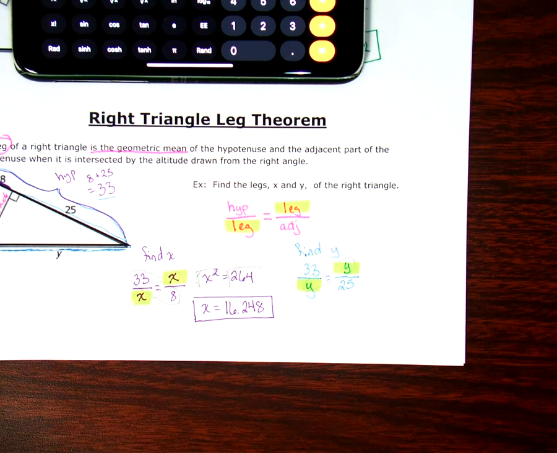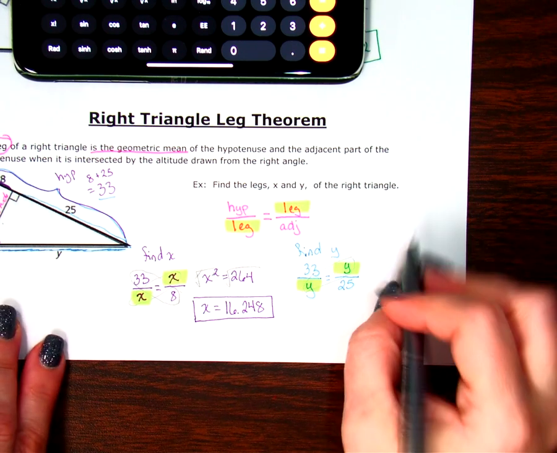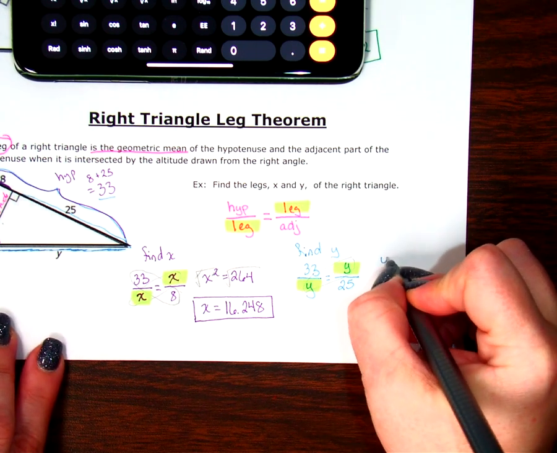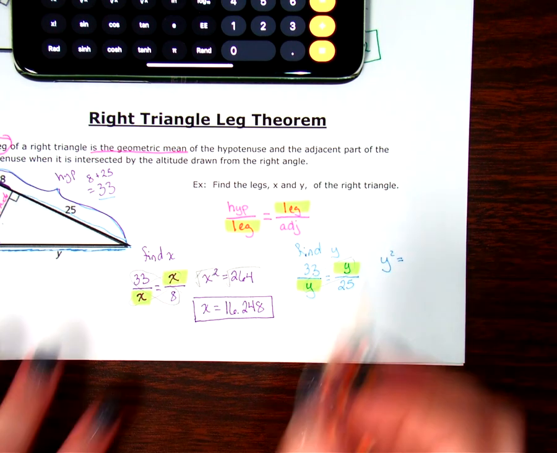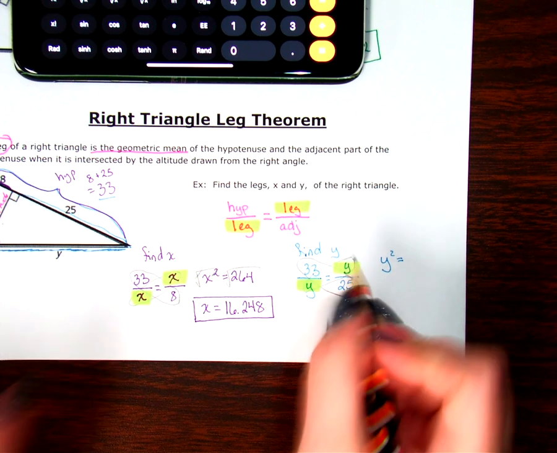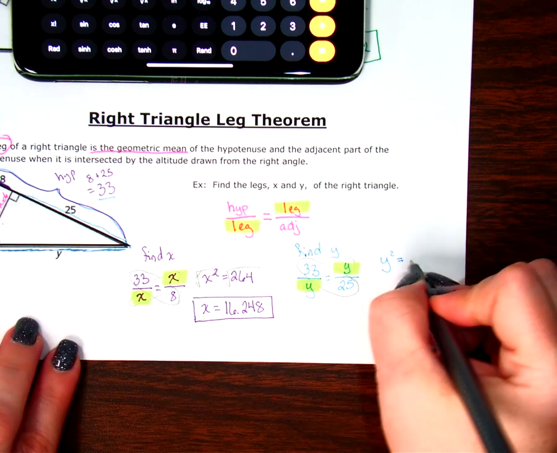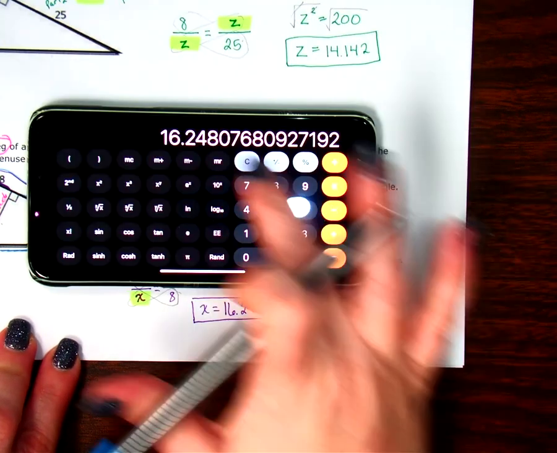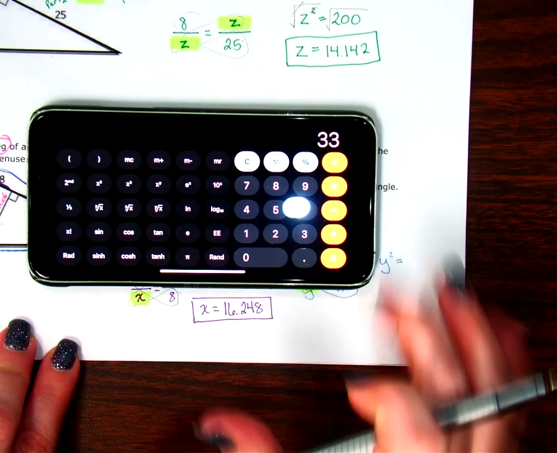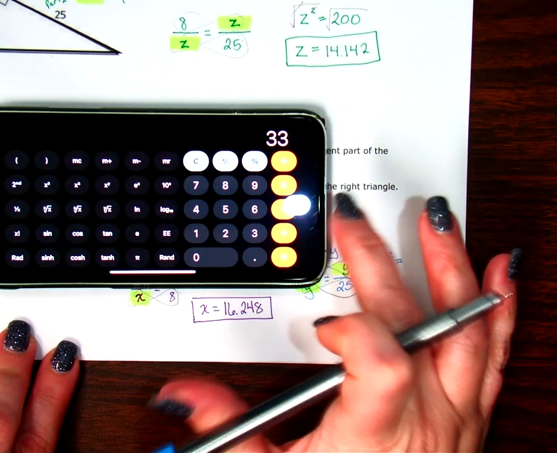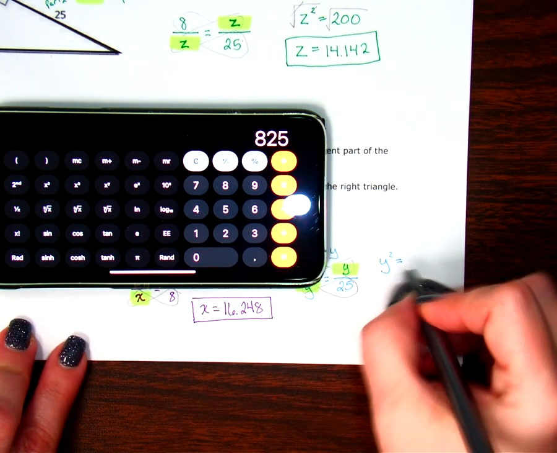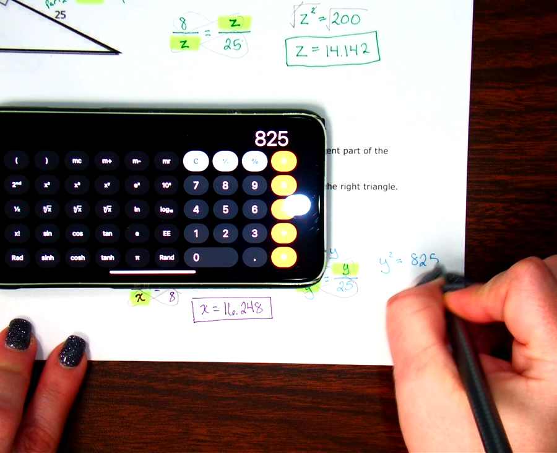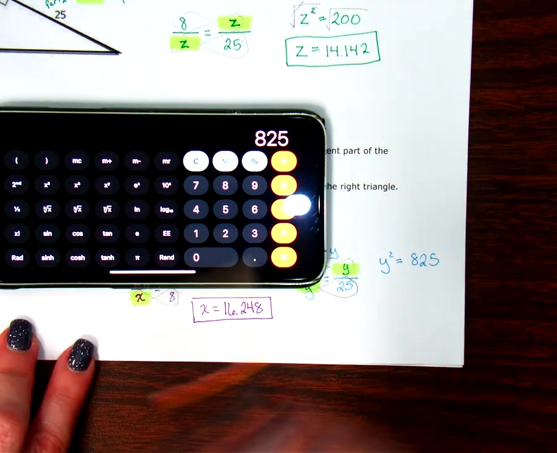And this, I can cross multiply and solve. So when I cross multiply, I'm going to get y times y, which is y squared, equals 33 times 25. 33 times 25, let's see, clear that out. 33 times 25 gives me 825.